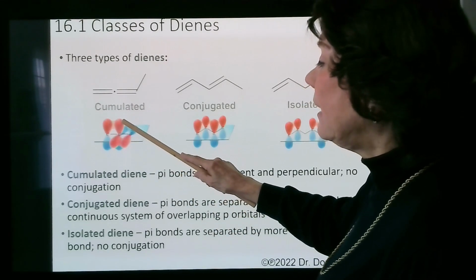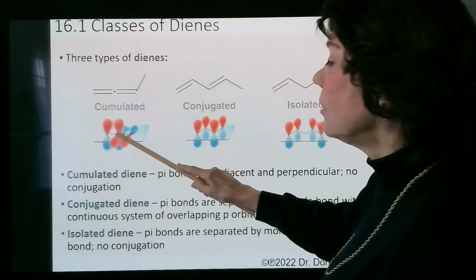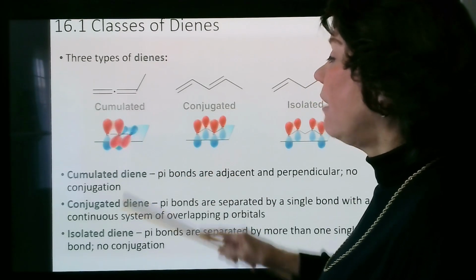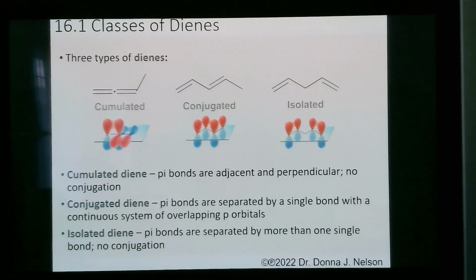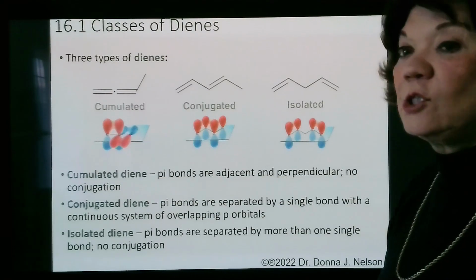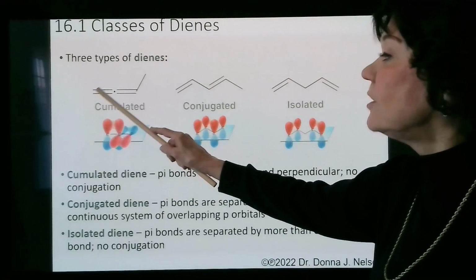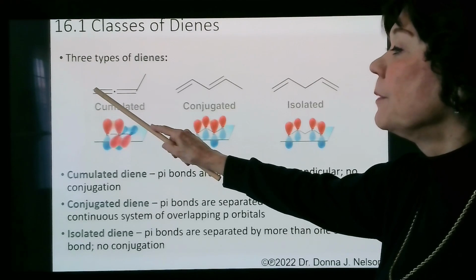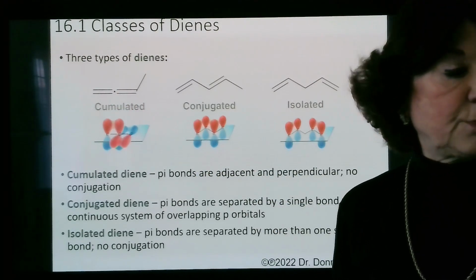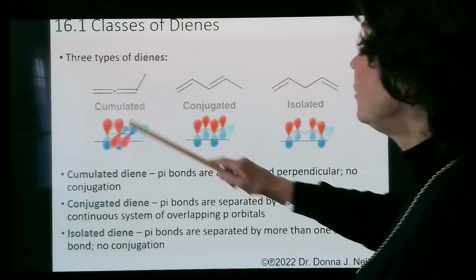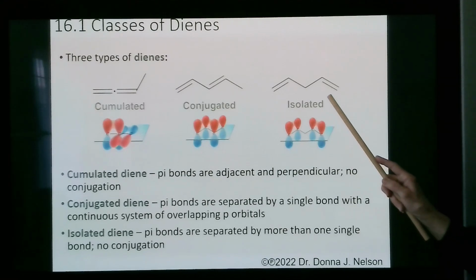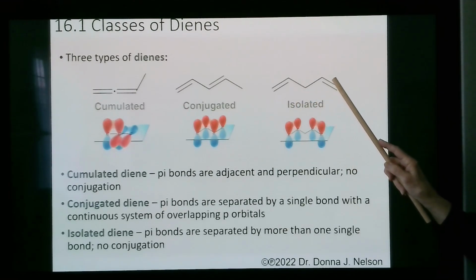You can see it has two p orbitals in it, each involved in a different pi bond. And so this carbon in the middle is sp hybridized, and this has a linear structure, just like alkynes, which have sp hybridized carbons involved.